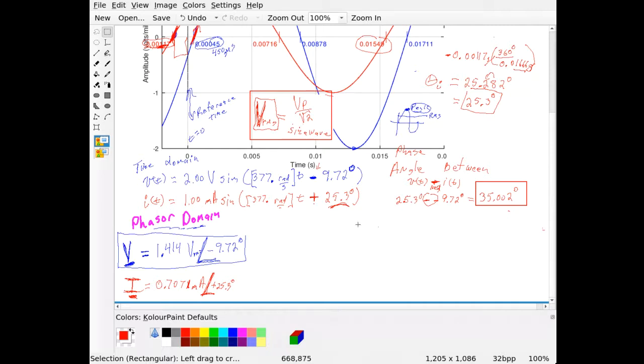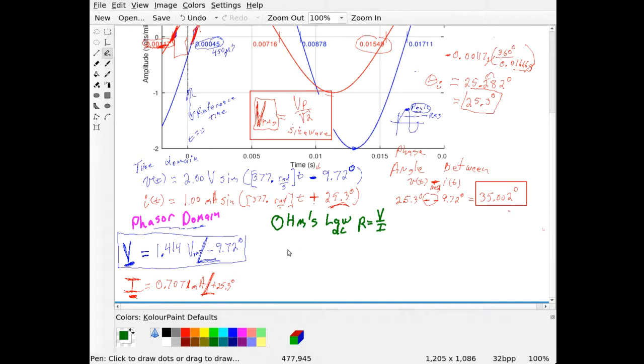All right, so we know from DC circuits that Ohm's law says the resistance in DC, this is for DC circuits, the resistance is the voltage divided by the current. But now we are in AC, all right?